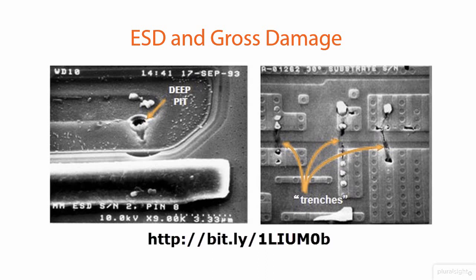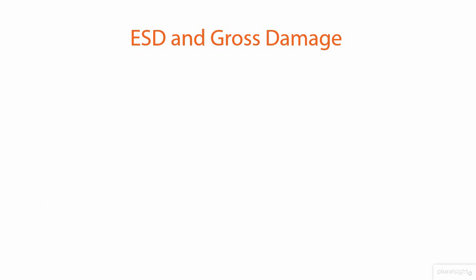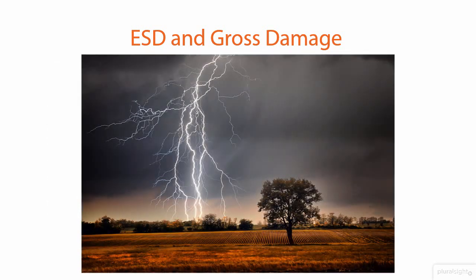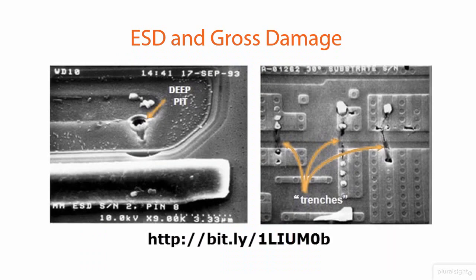You wouldn't be able to see this damage with the naked eye, but if you put the components under a powerful microscope, you can see that we have at the left an actual pit, and at right it looks like literal burn marks, scorch marks on those components, and they can spread from one component to another, rendering entire sections of your motherboard destroyed. The ESD reminds me of lightning damage. If you've ever seen damage from honest-to-goodness lightning, it can splinter trees right down the middle. ESD is a very similar dynamic, but on a much smaller scale.